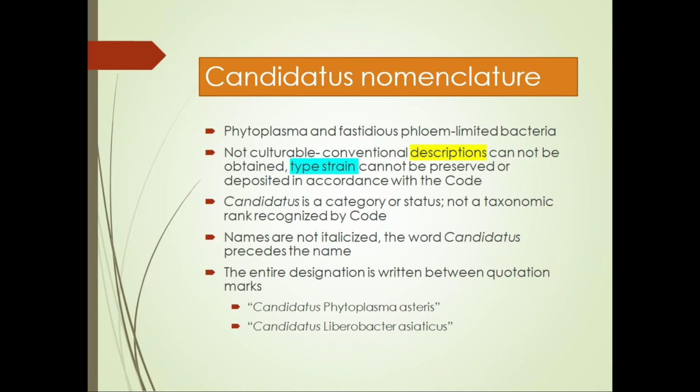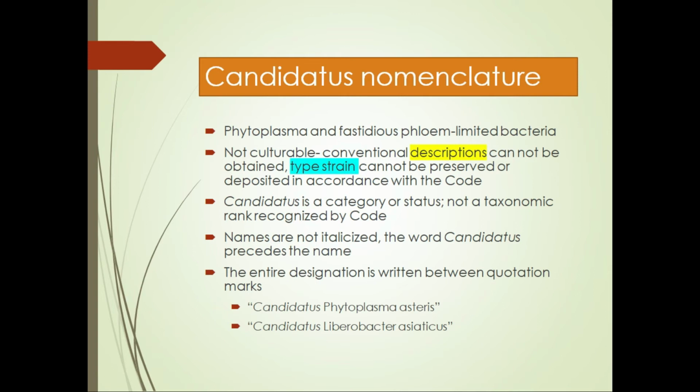And this is a requirement. According to the code, we should know the full description of the organism that we are naming. These descriptions cannot be obtained because we cannot culture the organisms like phytoplasma and fastidious prokaryotes. So this condition of the code cannot be fulfilled.